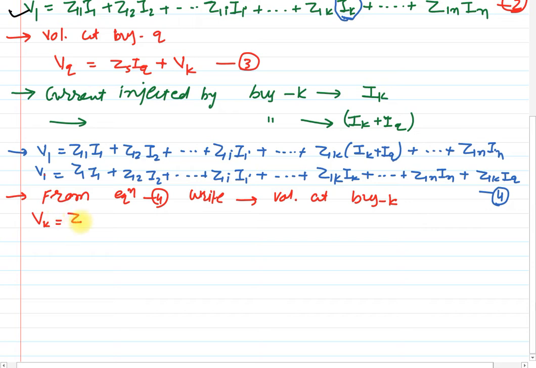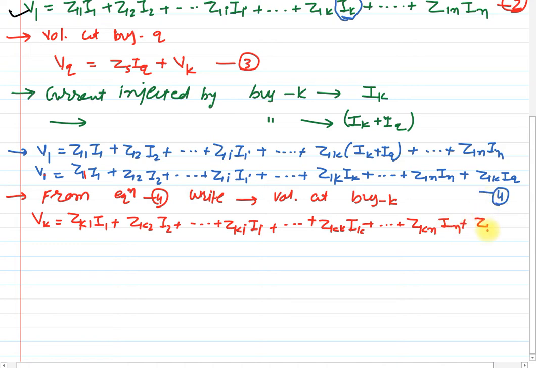So it is Vk, which is equal to Z k1 I1, Zk2 I2, and Zki Ii, plus Zkk Ik plus Zkn In, and the last element which is Zkk into Iq.